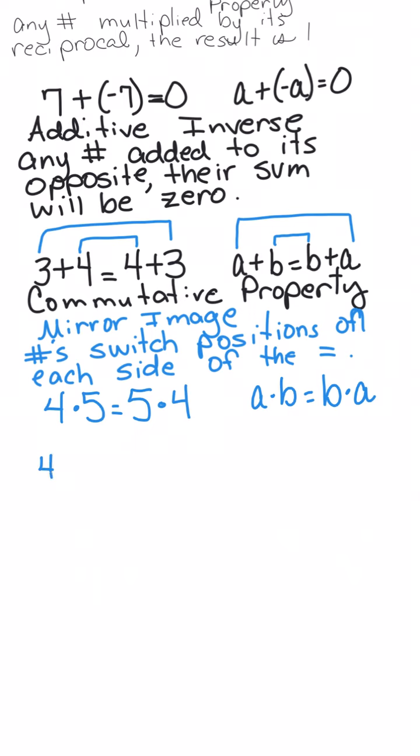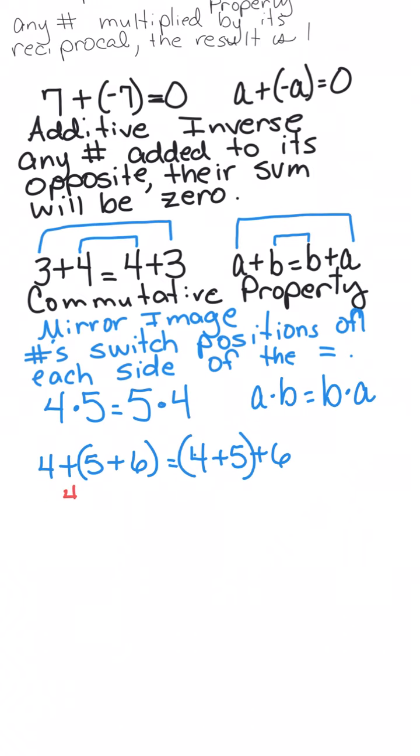If I took 4 plus 5 plus 6 and I grouped 5 and 6 together, and then on the right side I said 4 plus 5 plus 6, and I grouped 4 and 5 together, students learned that regrouping in addition and multiplication does not change the result.